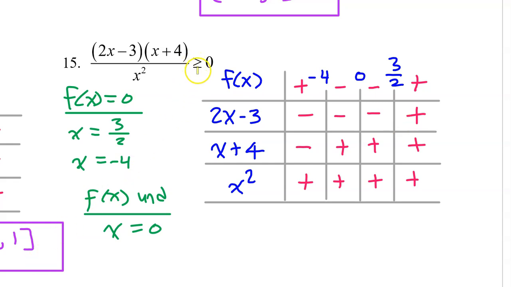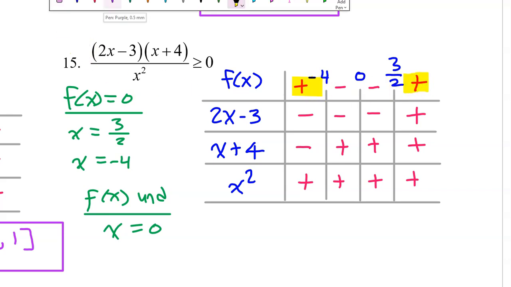We are looking for the values that will cause f of x to be greater than or equal to 0. So the solutions will be in these intervals where f of x is positive. Because we want greater than or equal to 0, we should include any endpoints where f of x is equal to 0.